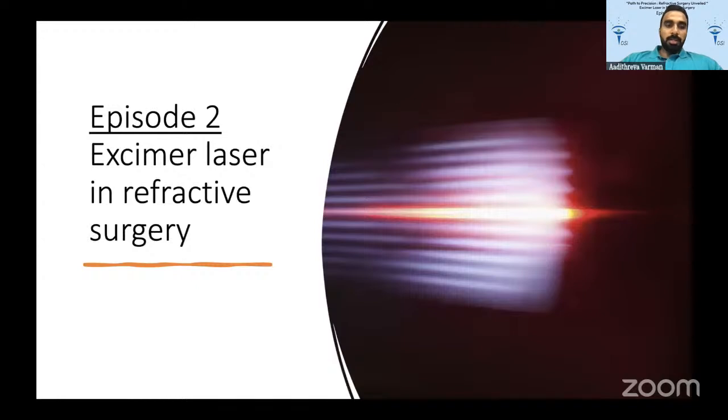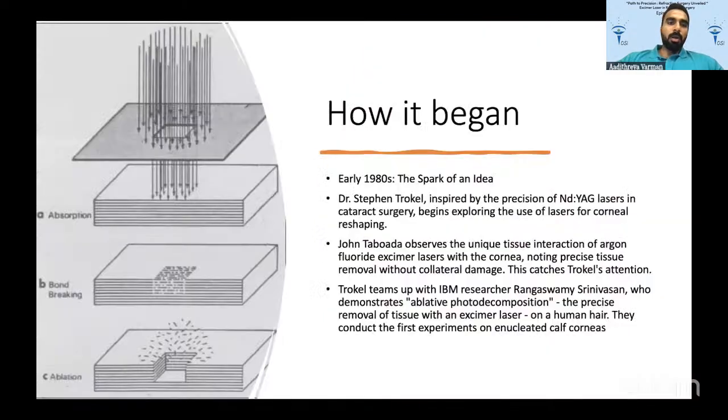The history of the Excimer laser is actually very interesting. It all began in the early 1980s. If you look into it, it was really initiated by Dr. Stephen Trokel, who was inspired by the use of Nd:YAG lasers in cataract surgery and began to explore their use for corneal reshaping.